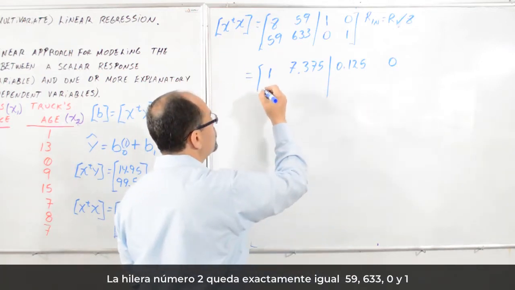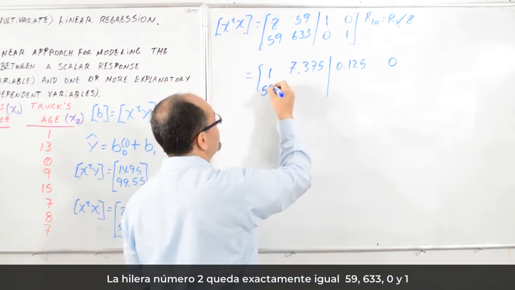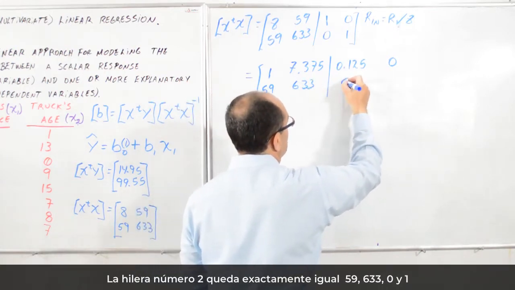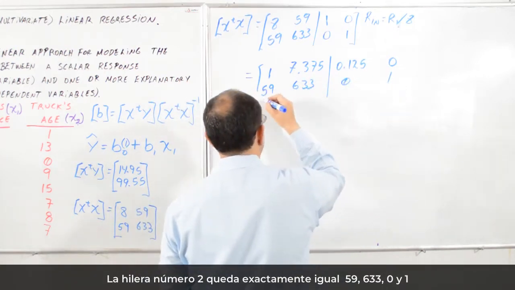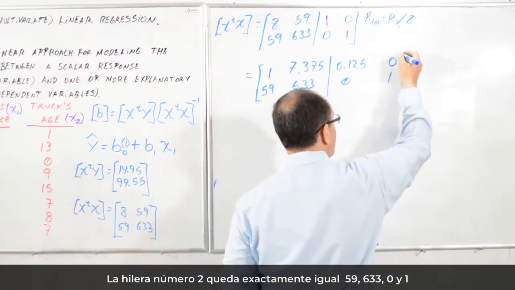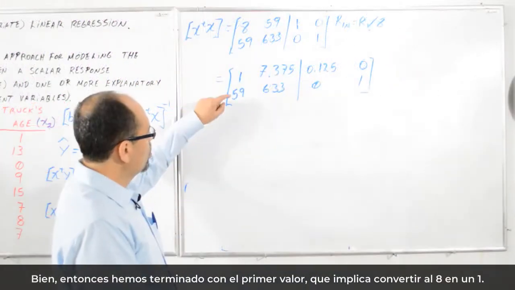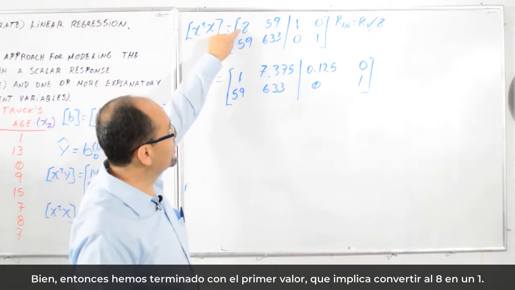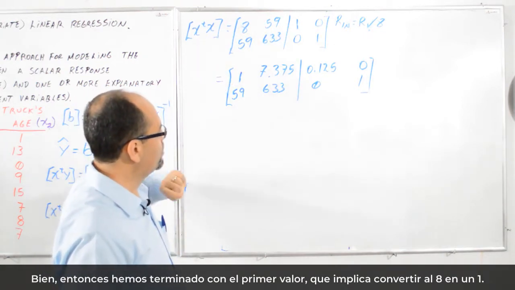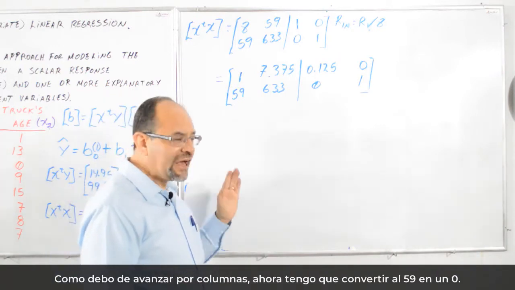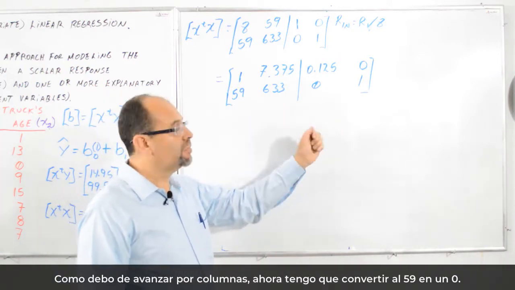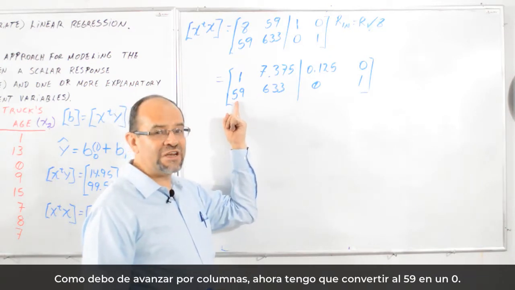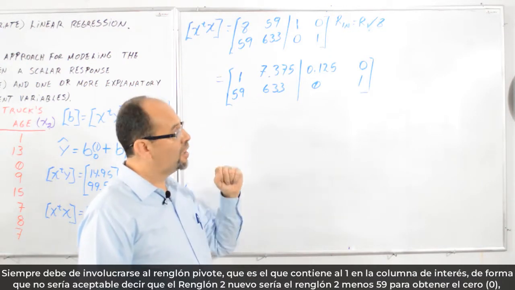Row number 2 will be exactly the same. 59, 633, 0, and 1. Okay? Well, we are done then with the first value, which is converting this 8 into a 1. I have to move by column. Then the next step is to convert this 59 into a 0.